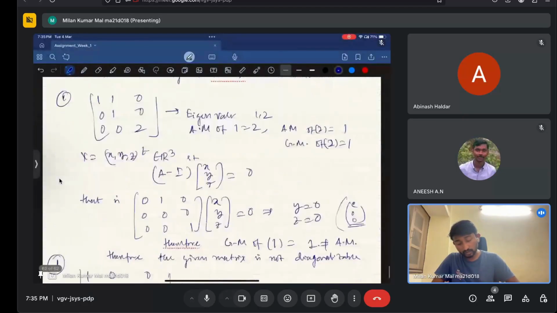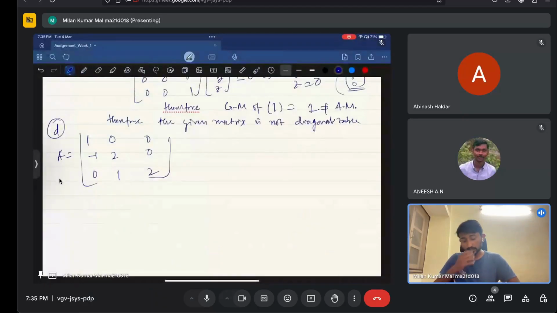Okay, let me check whether I have written it correctly or not. This is option D, 1 0 0, minus 1 2 0, 0 1 2.